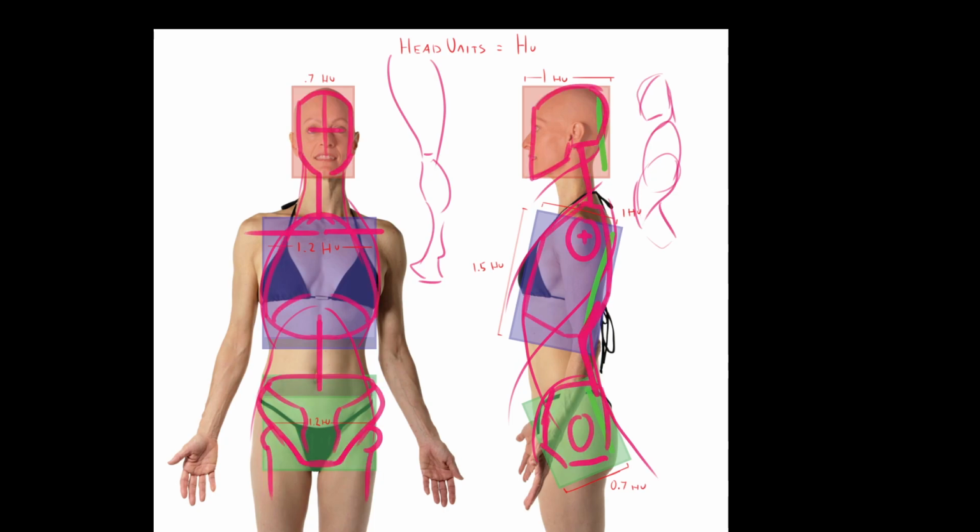And then you've got that substructure as well. Just like with the head, the skeleton plays a massive role in what the shape of the body is. The widest part of anything is going to be the widest part of the skeleton. The widest part of your chest is the widest part of your rib cage. The widest part of your hips is because of the widest part of your pelvis.